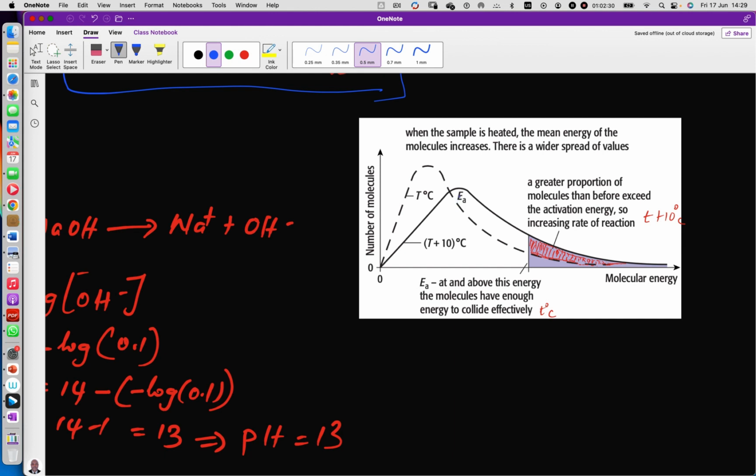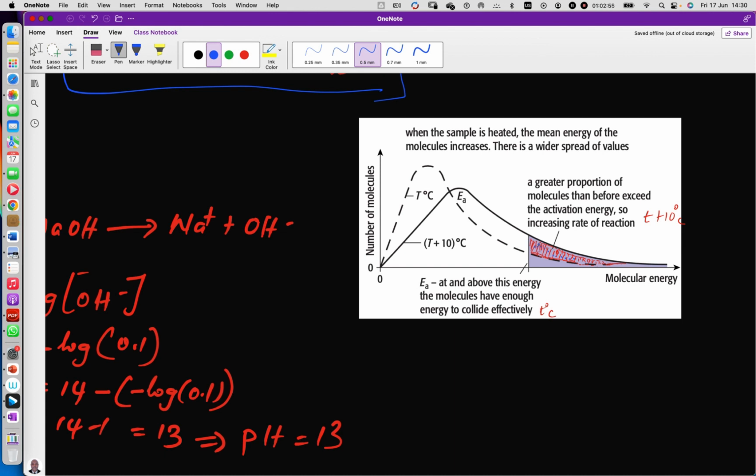If we now increase the temperature by 10 degrees Celsius, this is the second curve here, the one in dotted form. You will see that the number of molecules has increased from this curve down here to the curve up here.